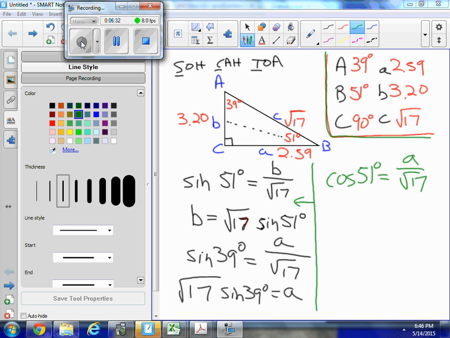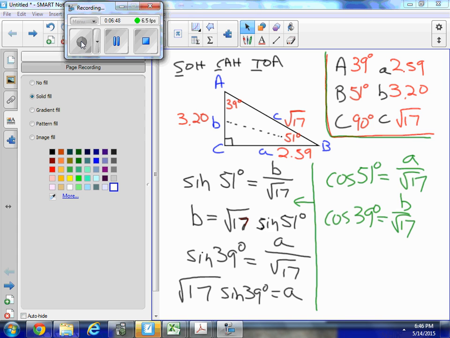Or I could have said cosine 39 degrees was equal to B over radical 17. So there's a lot of different ways I could have done that. But this was the way that I chose, and it worked out just fine. So you're using your sine and cosine and sometimes your tangent functions to solve right triangles.